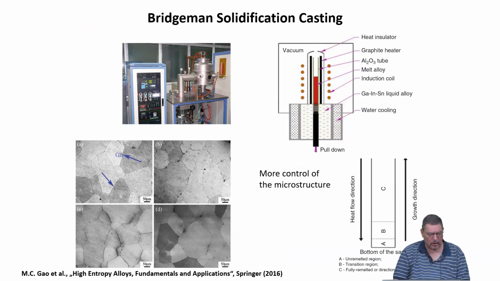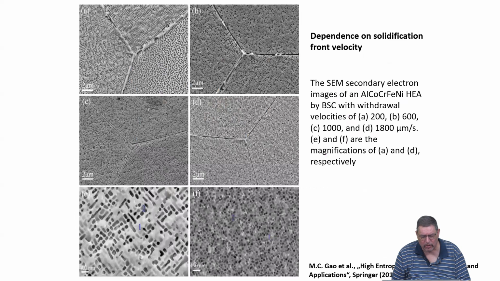And that normally gives you good materials in terms of equiaxed structures, non-dendritic structures, good sharp grain boundaries, and also nice dihedral angles or tetrahedral angles at the junctions of grains, as shown here.